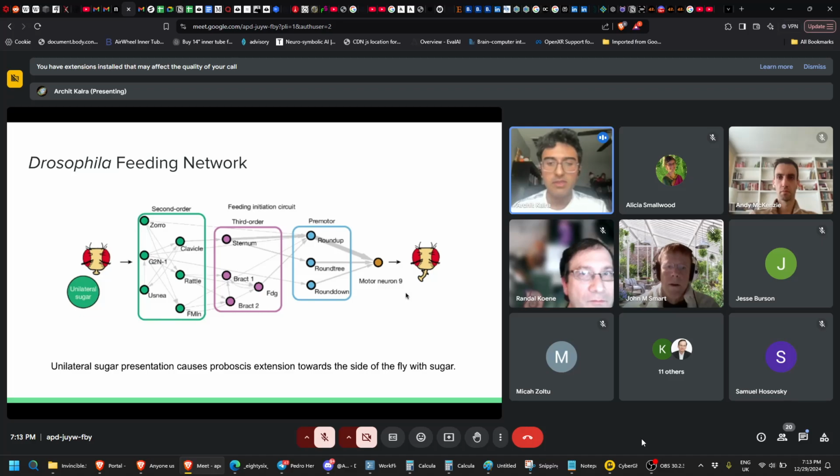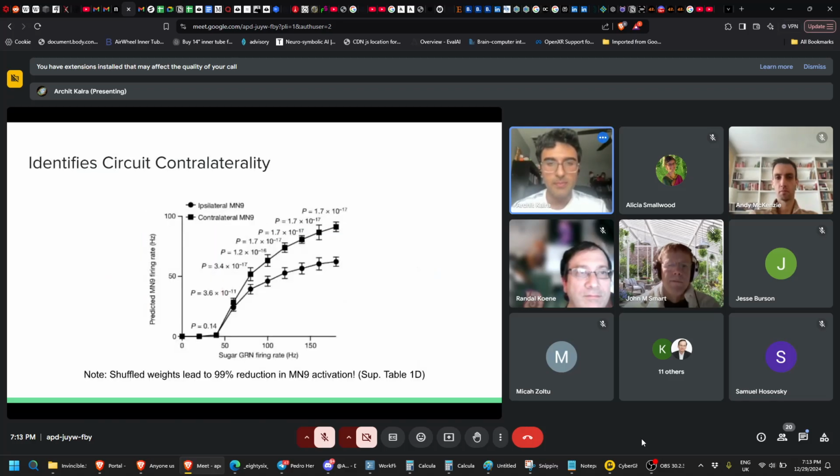For example, in this specific neuron, motor neuron 9. The reason they focus on motor neuron 9 is that it is required for moving the rostrum of the fly head toward that sugar, which is one of the most important parts of the overall movement toward the sugar or any other gustatory sense. So focusing on this neuron allows for an overall picture of what's going on in this particular circuit.